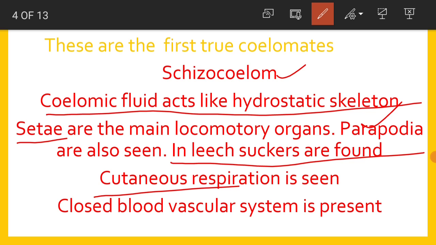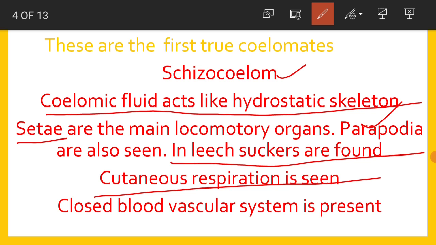Cutaneous respiration is seen in annelids. You might have seen the body of earthworm. The skin of earthworm is moist because the coelomic fluid present inside the body oozes out and gets deposited over the skin, making it moist.